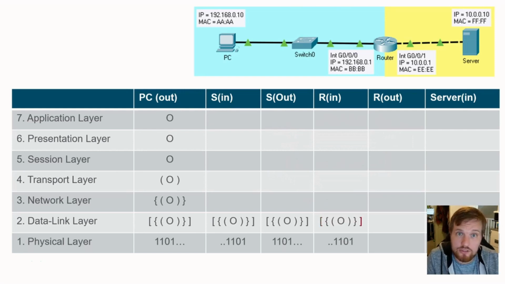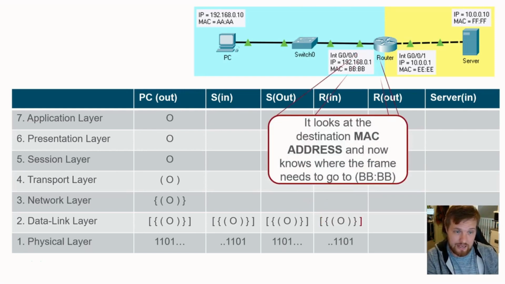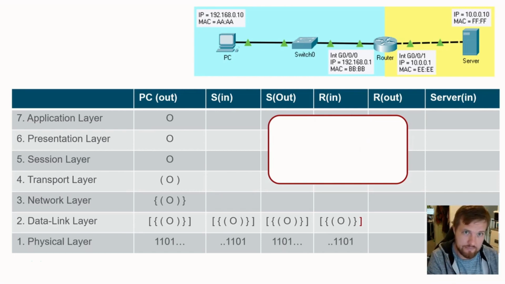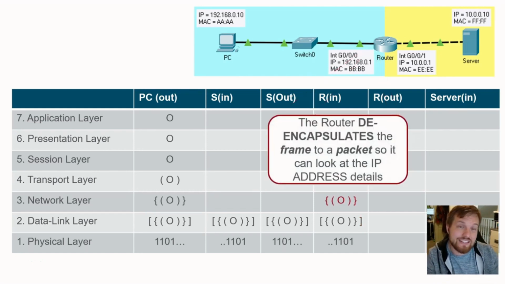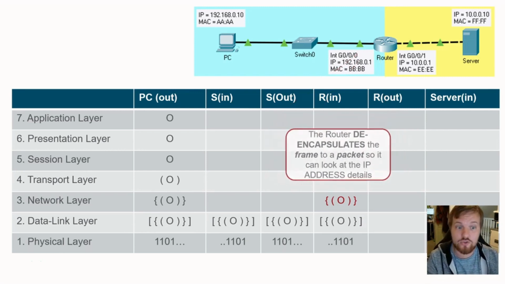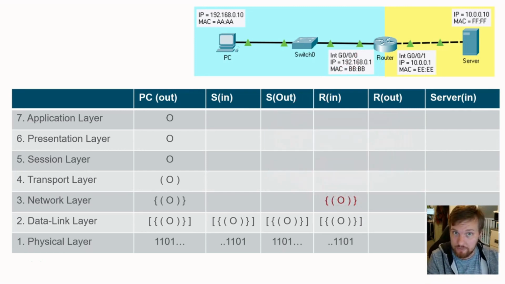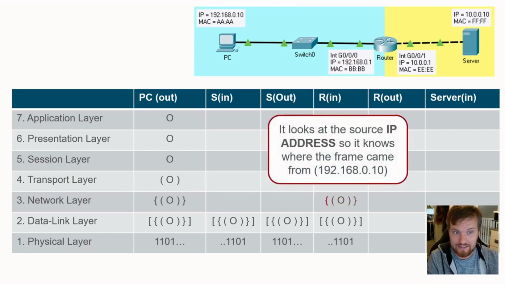It's now going to look at the destination MAC address, and in this instance, it's going to see BB. Hold on a second. That is the actual MAC address for this router. So what that tells the router is, this is destined for me, so I should look a bit further into this. So it's going to de-encapsulate, or decapsulate, that frame and turn it into a packet so that it can now look at the IP information held within the packet section.